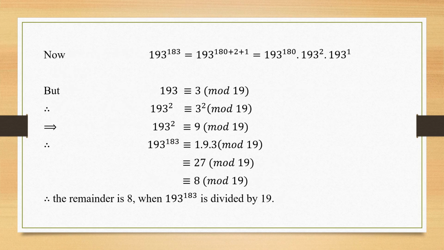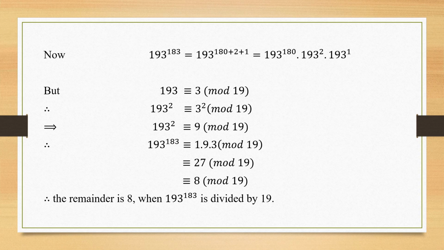Let me continue. Now 193 raised to the power of 183 can be split as 193 to the power of 180 plus 2 plus 1. You might ask why I can't write it as just 3. Instead of writing 3, if I include 1, it will be simpler for me. Clear? That is why I have introduced 1 here.